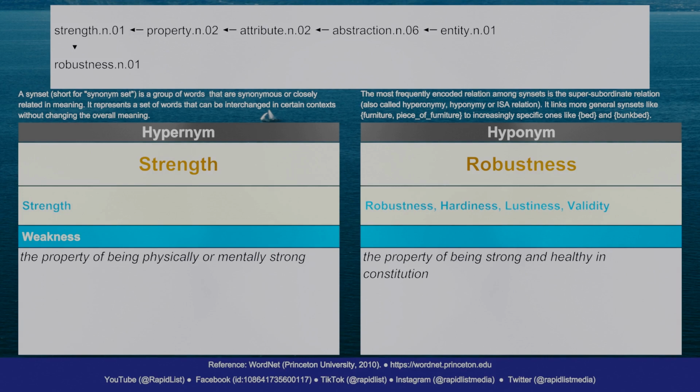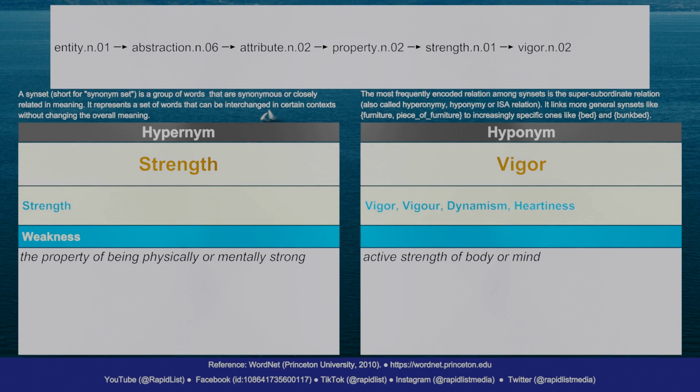The property of being strong and healthy in constitution. Stoutness. The property of being strong and resolute. Sturdiness. The property of something that is strongly built. Vigor. Active strength of body or mind.